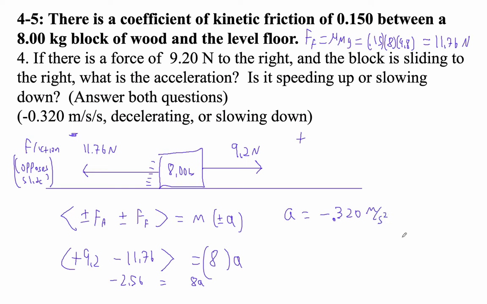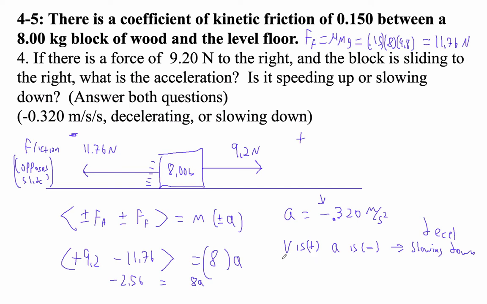Now, we have to decide: is this thing speeding up or slowing down? Two ways to do that. Notice that the velocity is positive, since we're sliding to the right. The acceleration is negative. If they're in opposite directions, that means it's slowing down, or decelerating.